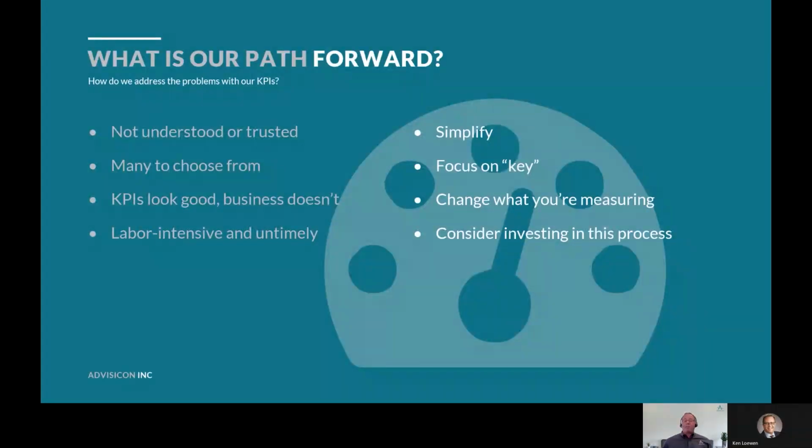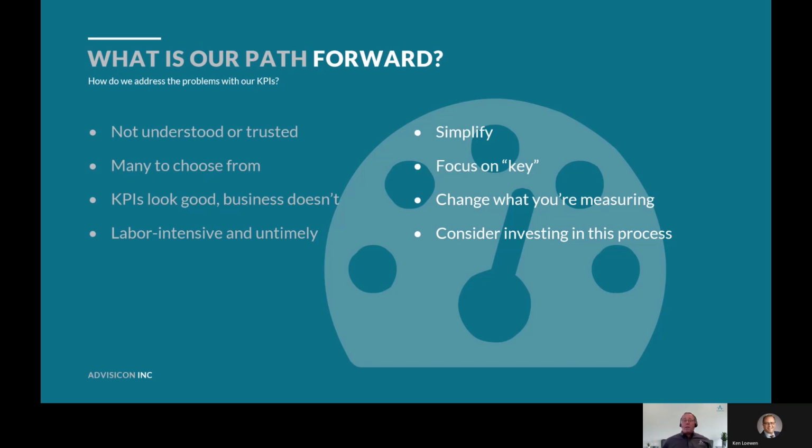What do we do? First of all, simplify. And there's a couple of different threads to that. Simplify the definition of the KPIs. If they're overly complex, then it's very difficult for somebody to apply an understanding of the KPI to a decision they're making about their job, which then impacts their success at helping your organization succeed.